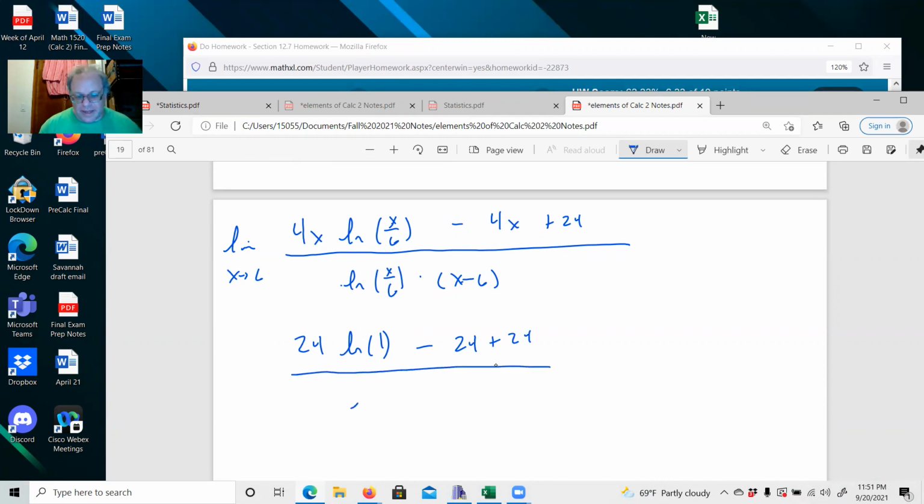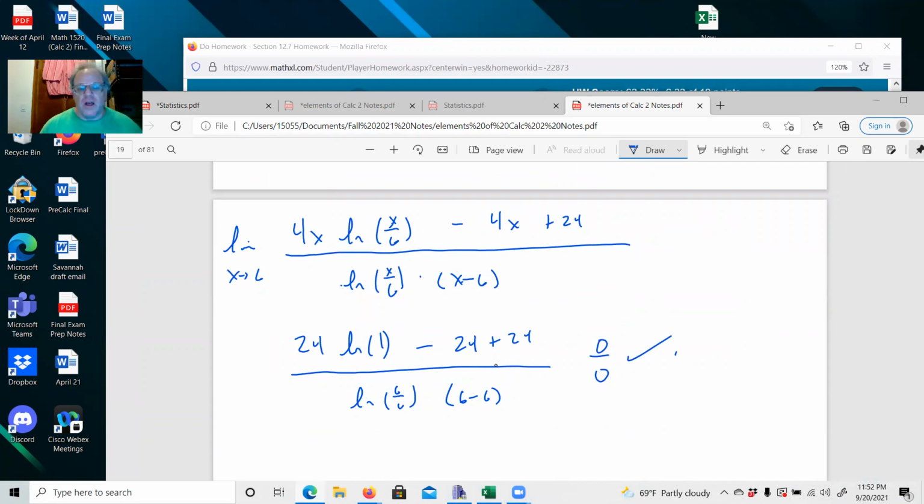The bottom is natural log of 6 over 6, which is 0, times 6 minus 6. It's a little overkill, but we do get a 0 over 0 situation. So it is an indeterminate form, and we can go on and make more of a mess with L'Hopital's.